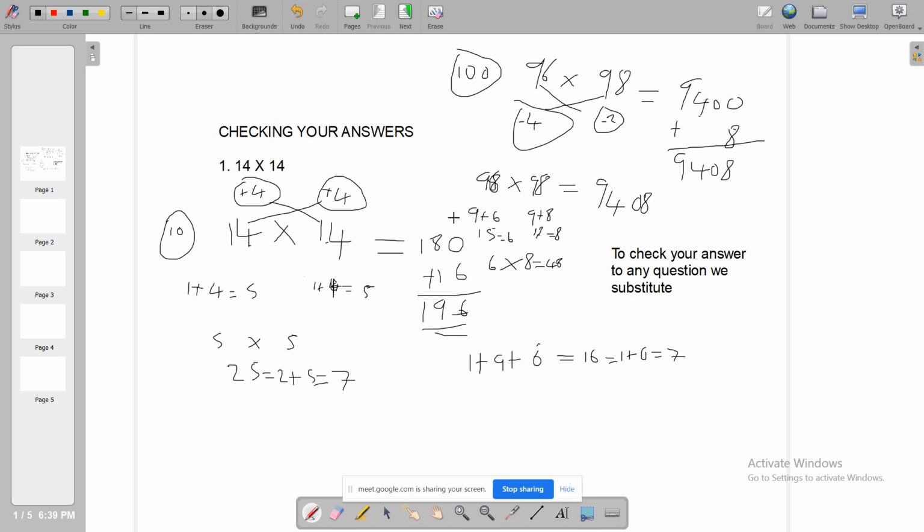So if it's 12, now 12 will give us 3, right? Yes. When you find this one, you get 3.